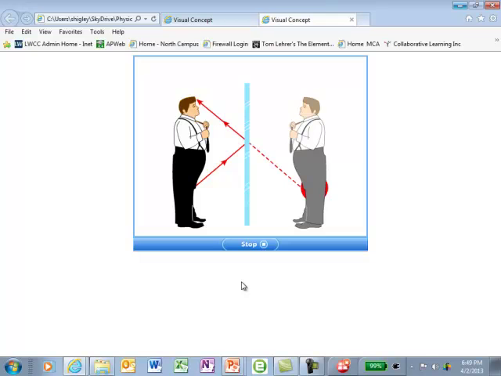Because your brain expects light to travel in a straight line from the object to your eye, the light appears to the viewer as if it came from here. Similarly, light coming from this point seems like it's coming from here. A virtual image is an image that appears to be at a location from which light does not actually come. These light rays seem to the man as if they came from behind the mirror, but they actually came from in front of it.